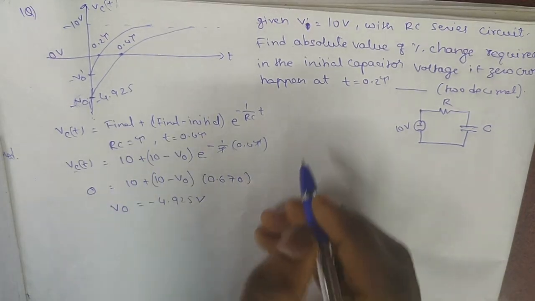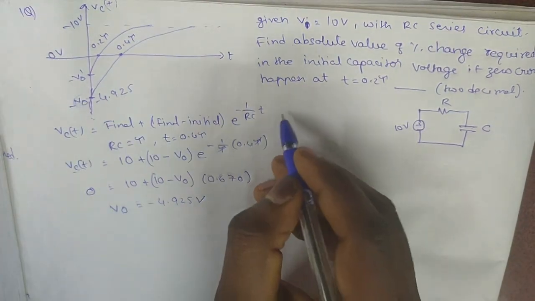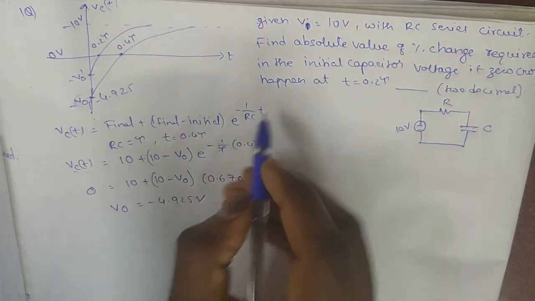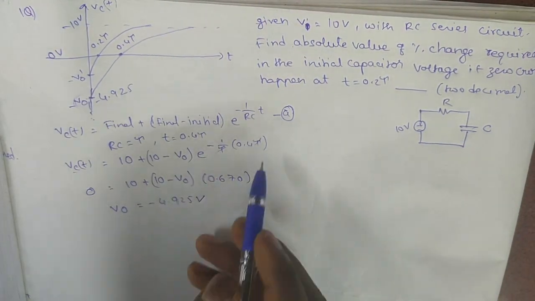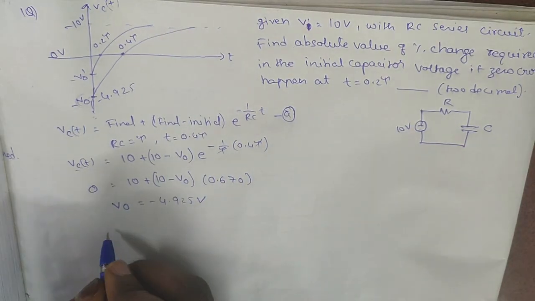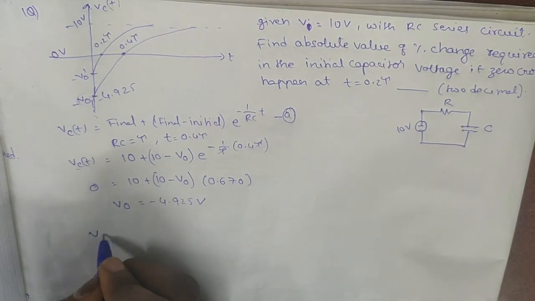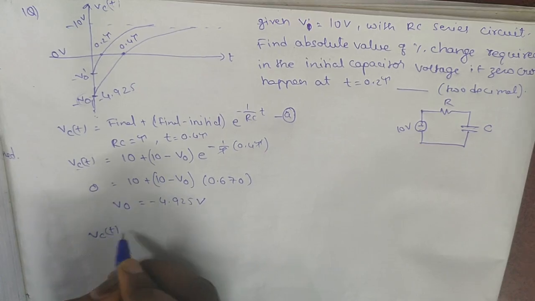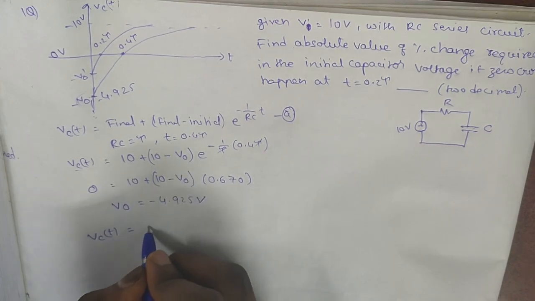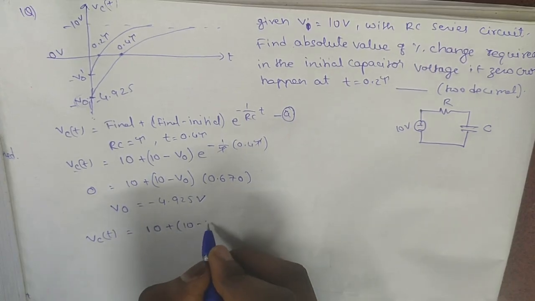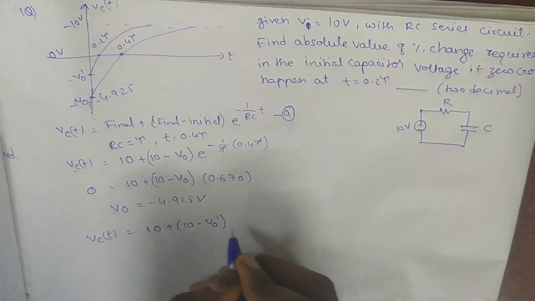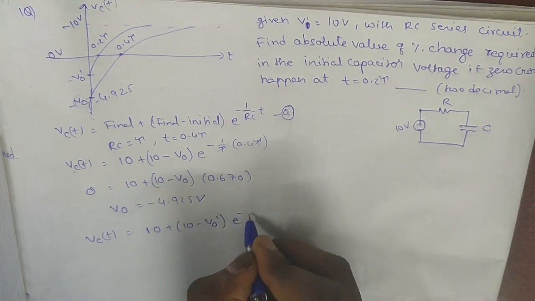Now we need to find V0 dash. So we consider the same equation, at 0.2 tau. Here also the Vc will be 0. The final value is 10 plus (10 minus V0 dash) into e power minus 0.2.